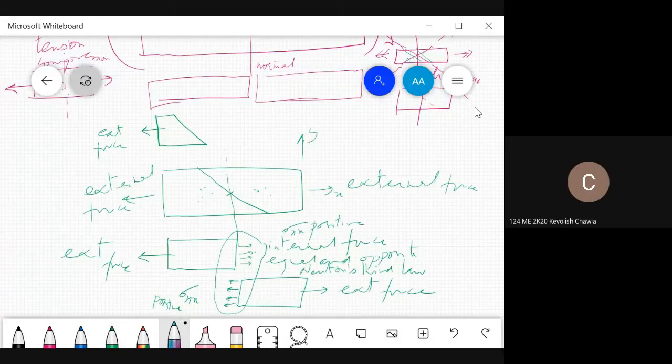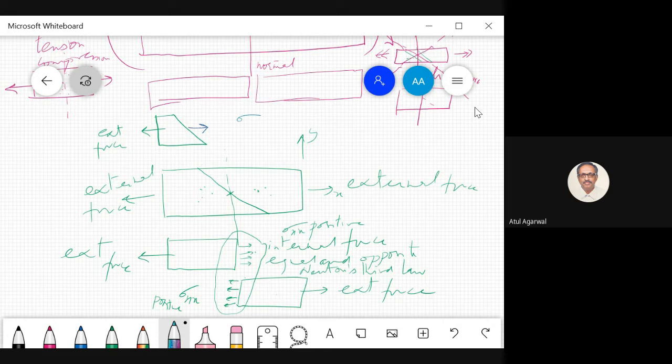The net force on the entire body will be zero, but on this face it will be opposite to the external force. So this will be your net force. Yes, sir. So what kind of stresses will be there on this face? Tensile stress. Okay.